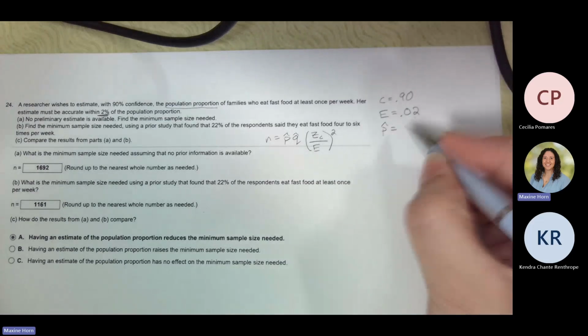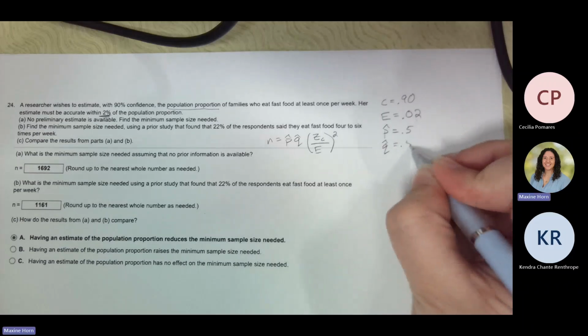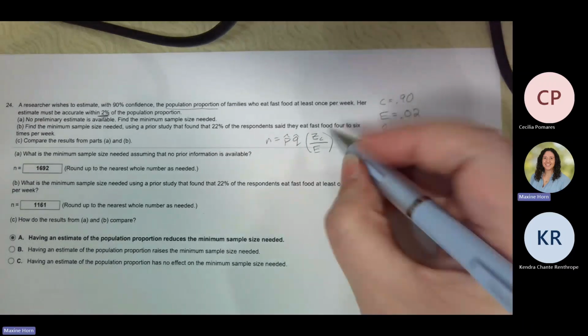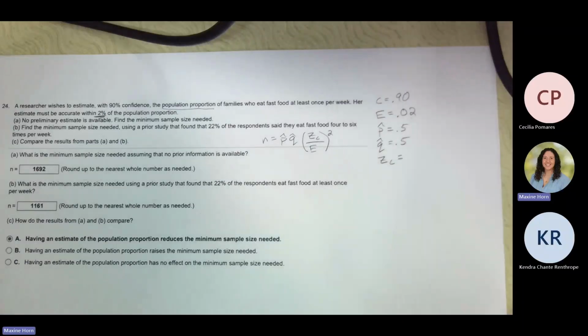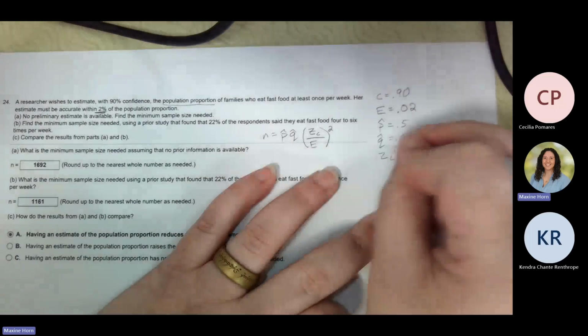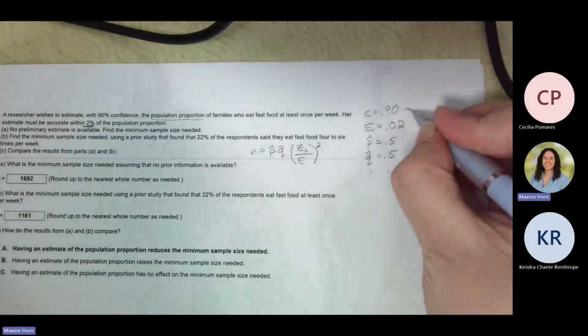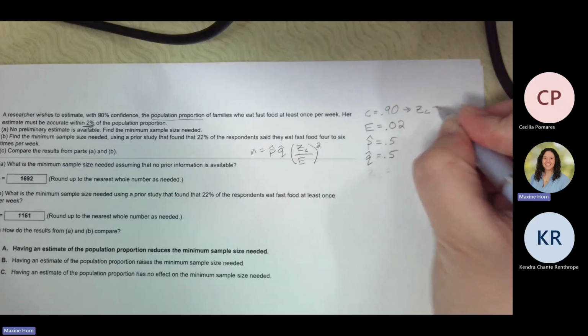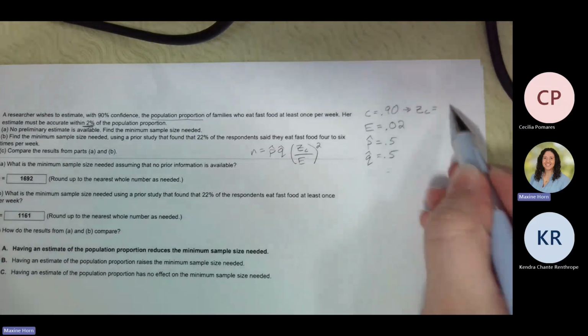Well, if we don't have any preliminary estimates, we have to assume a 0.5 and a 0.5. And then we need the z-score, which is dependent on, in fact, I'm going to write it next to the confidence level, because that's where we're getting that from. That leads us to a z-score based on that confidence level.